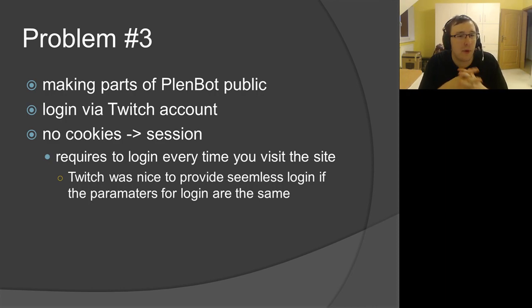So these kinds of parts of the Plembot will become public, like these functions. So if there's a way to somehow bug it, it's going to be visible on the site most of the time. So that was a big problem I was facing: which parts I'm going to make public, which I can trust, which are very hard to get around security-wise, stuff like that.